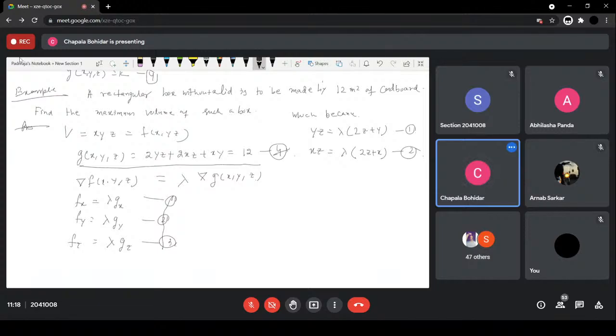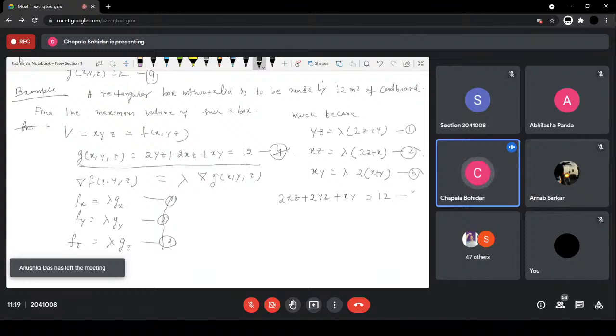Then del f by del z, xy, is equal to lambda into del g by del z, which is 2x plus 2y. And the constraint is given as 2xz plus 2yz plus xy is equal to 12. So this is equation 3, this is equation 4.